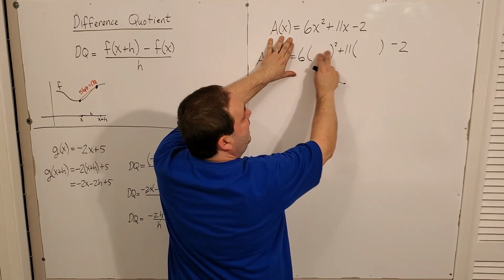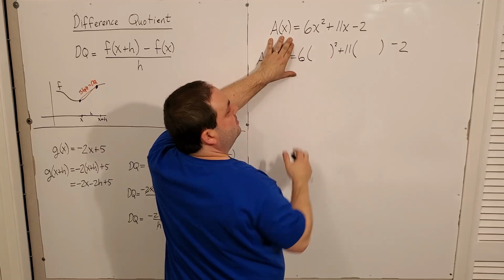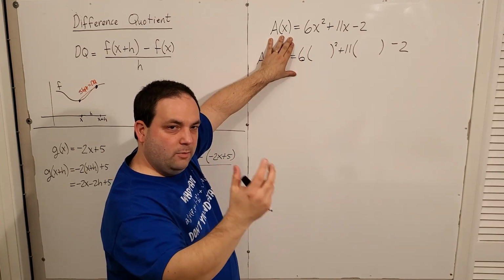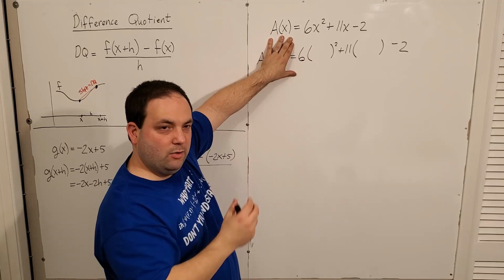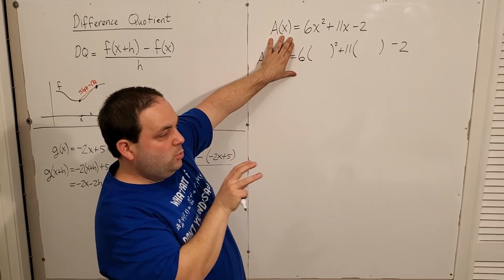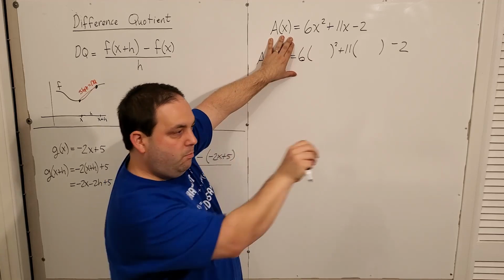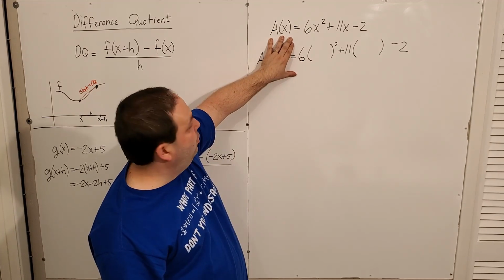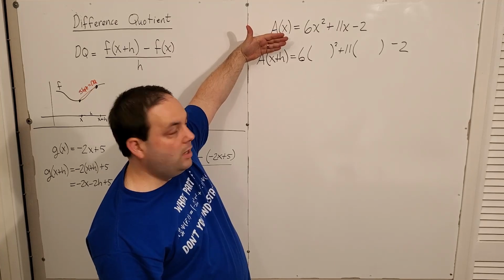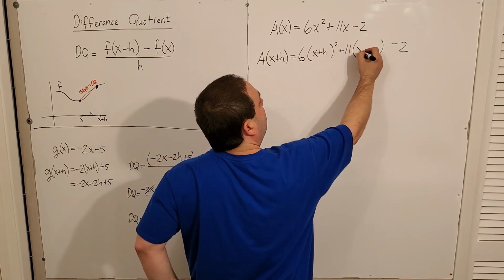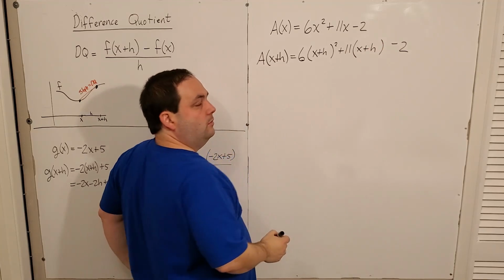Notice I've written blanks instead of x's. We use letters to represent missing spots or taking the place of generic spots, you know? But if you think about it, this is really what a function is. It's waiting for something to get put in to those parentheses. And in this case, what have I put in? x plus h is what I'm putting in. So I plug that in here and here, right?